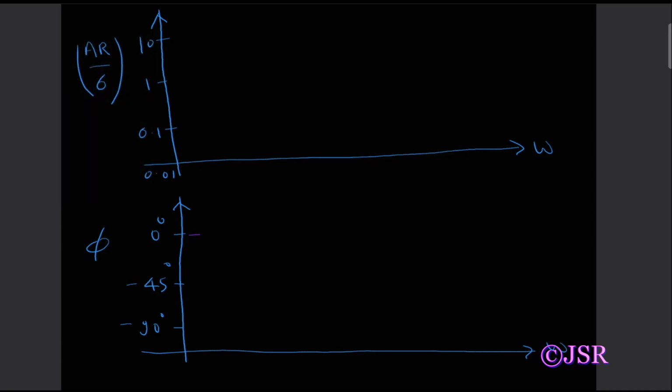So overall, at low asymptote, when omega tends to 0, the phi tends to 0.